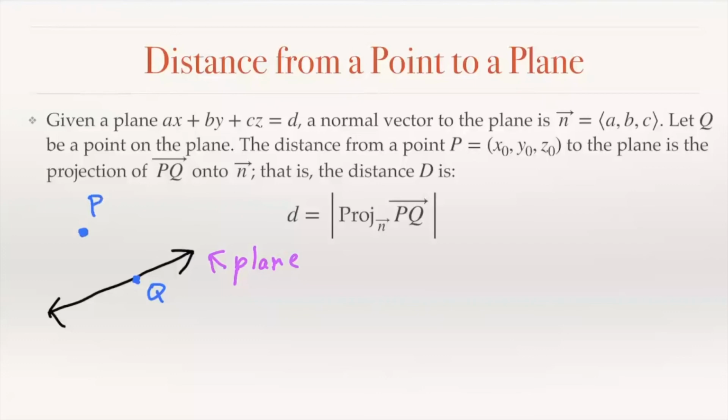Well, let's imagine the normal vector. There is a normal vector n to the plane, forming, as always, right angles. And let's imagine the line PQ.